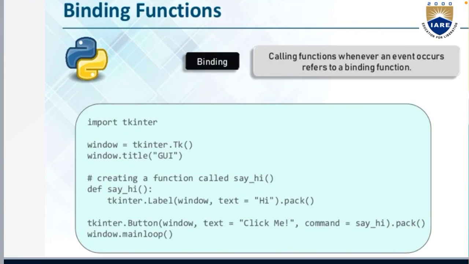Inside the function we will write techtalk dot label of window comma text is equal to hi dot pack, followed by techtalk dot button, and here we are creating a button, window comma text is equal to click me, command is equal to say hi, giving a command that is defined earlier, dot pack, and place it in the window. Window dot main loop will run the code.